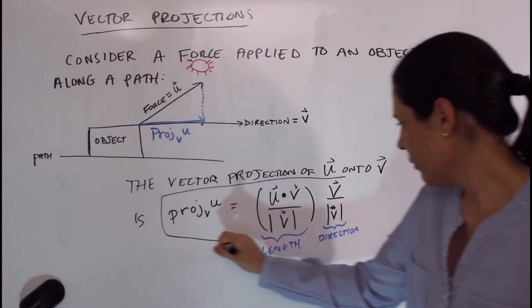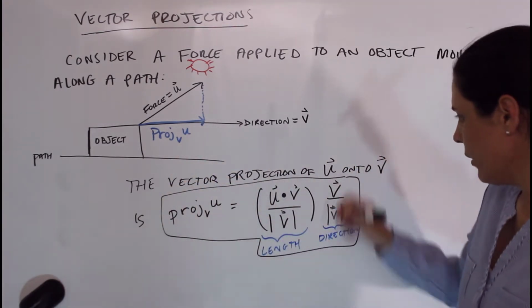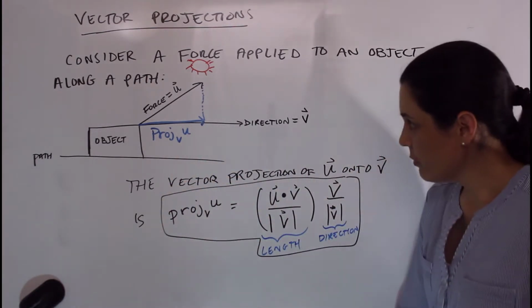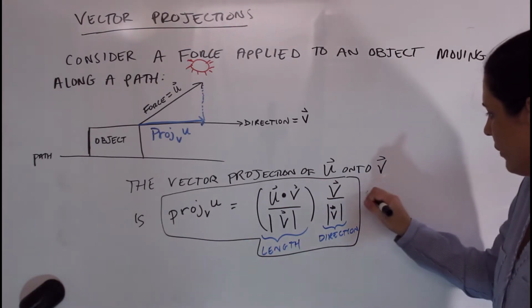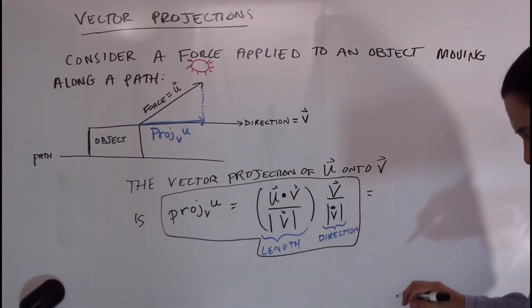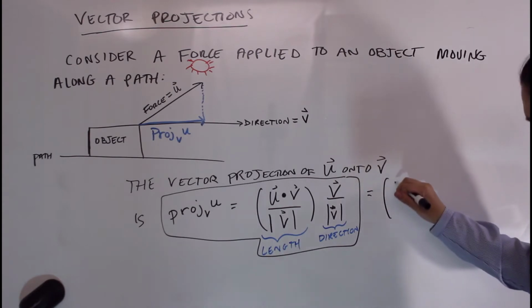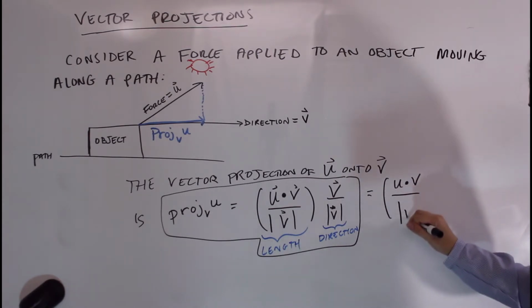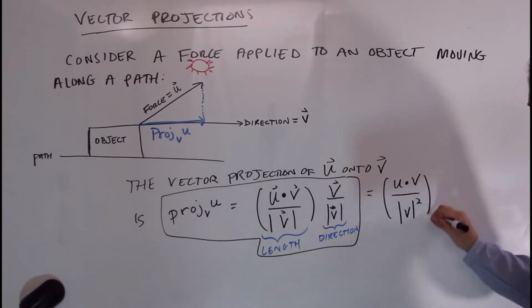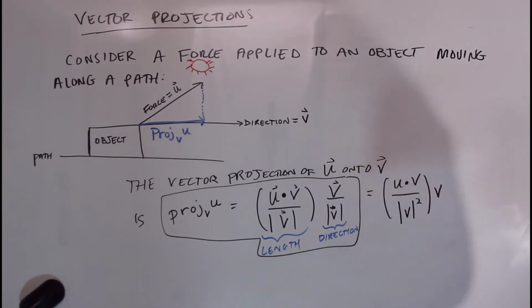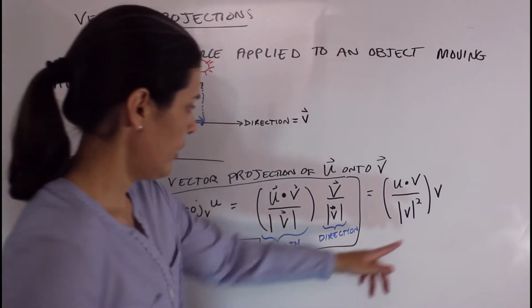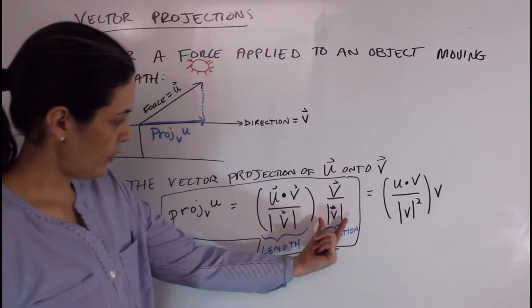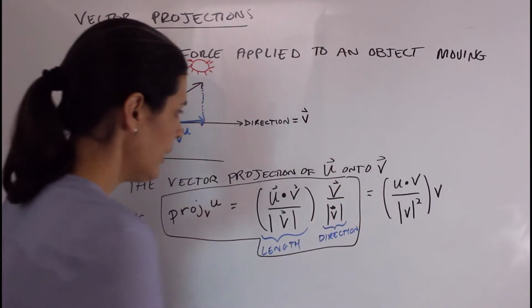So this is a pretty meaningful way to write our projection vector. But let me give you the other versions as well. Okay, so that's one version. Then we have that this is also equal to U dot V over the magnitude of V squared times V. This version is just if you want to take this other magnitude out here and bring it in.